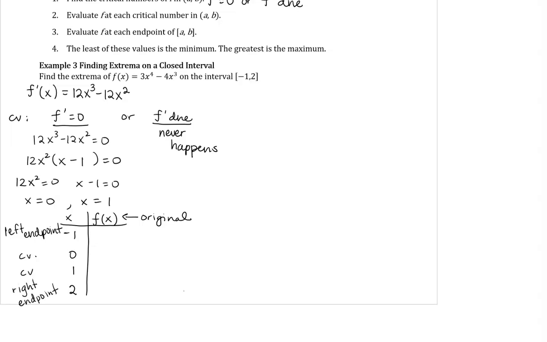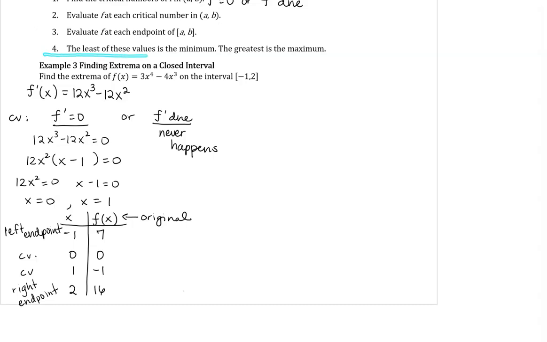And I'm going to evaluate these x values in the original function f, so I'm plugging them in here. When we plug in -1, we get out 7, 0 gives us 0, 1 gives us -1, and 2 gives us 16. So we have done steps 2 and 3. We have evaluated the function at those values.